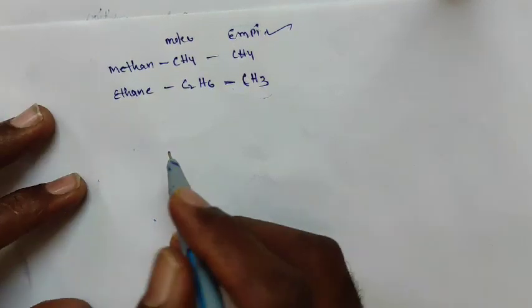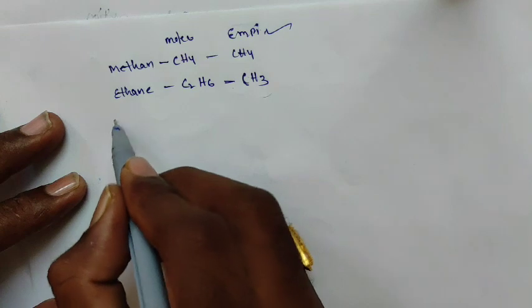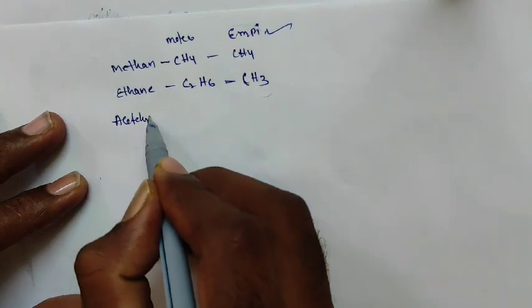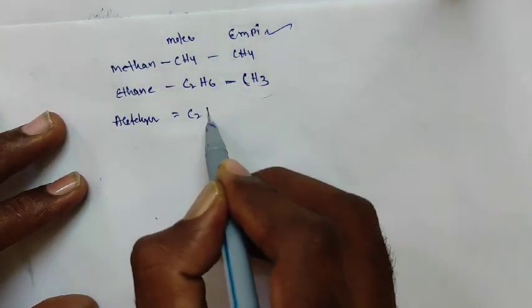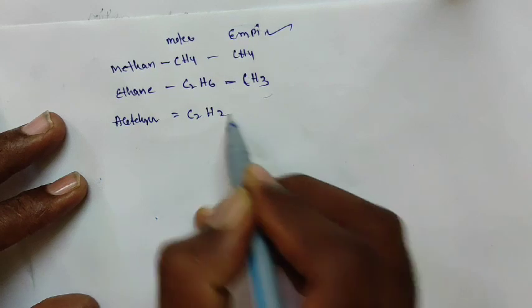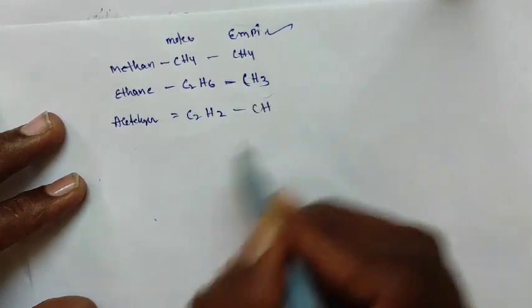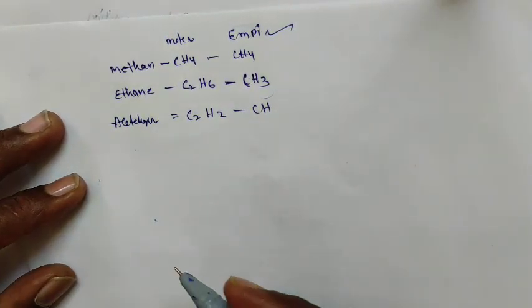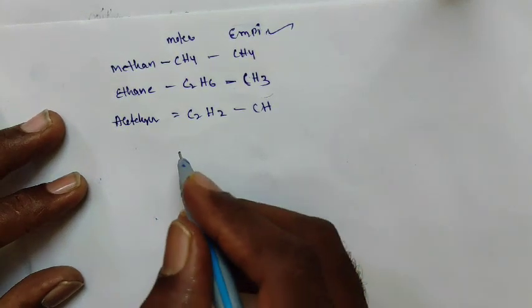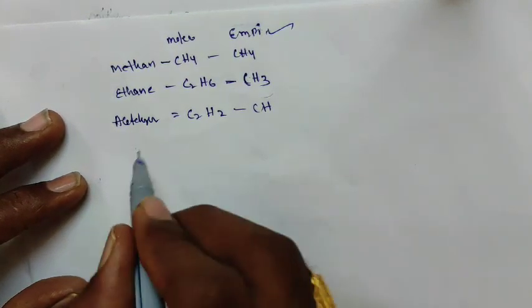Now acetylene: C2H2 is the molecular formula, CH is the empirical formula.